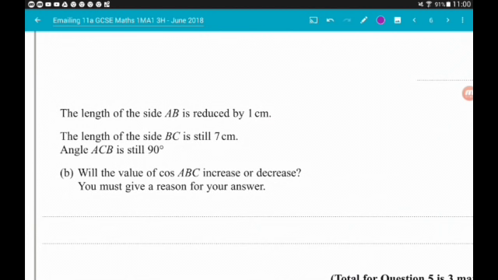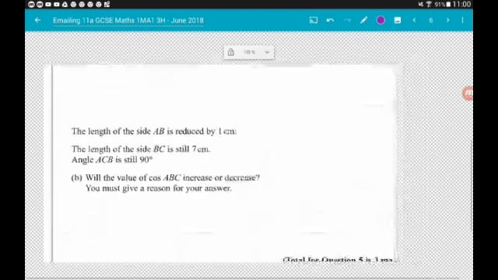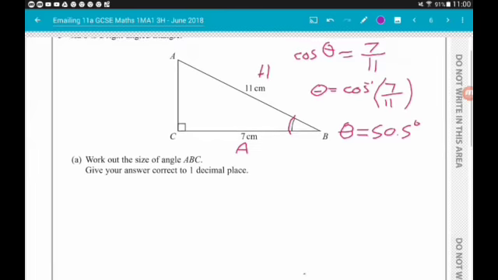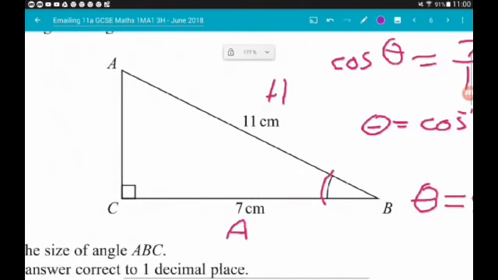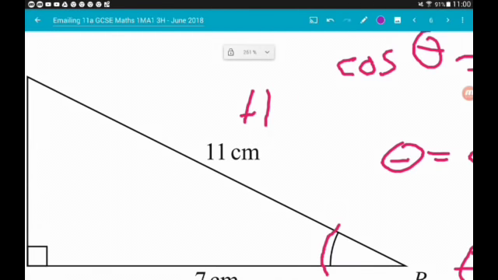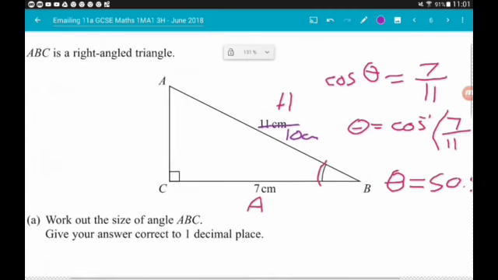We're not being asked now to find the angle. We are only interested in what happens to cos of the angle. So it's the hypotenuse that now decreases by 1 centimetre. So it's now going to be 10 centimetres.